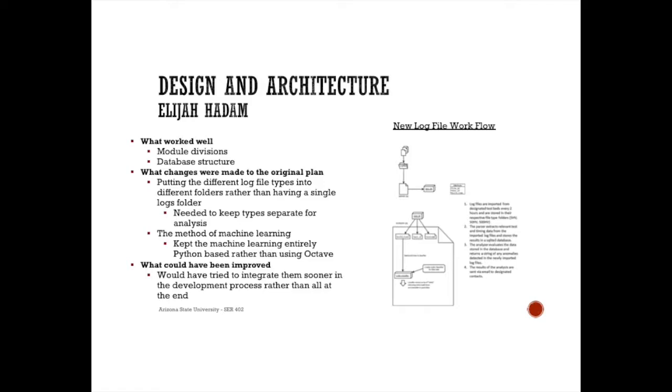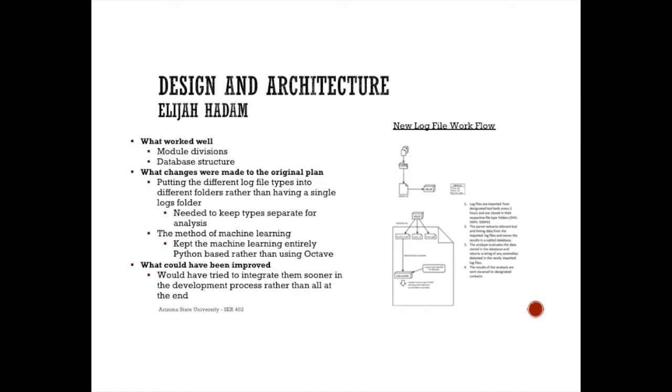As far as changes to the original plan that we made, one of them was originally we had planned to have all of the log files stored into a single folder and then pulling from that to parse them. But in the end, because there are 3 different types of log files that could result in different analysis results, we had to split those into separate directories for that purpose.